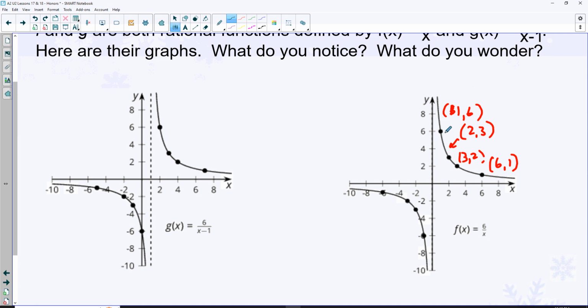You're also going to notice that there's a second piece on the other side. This second piece covers the fact that x in a graph like this can also be negative. Now, what's 6 divided by negative 1? Well, 6 divided by negative 1 is negative 6. 6 divided by negative 2 is negative 3, right? So the function can also be negative.